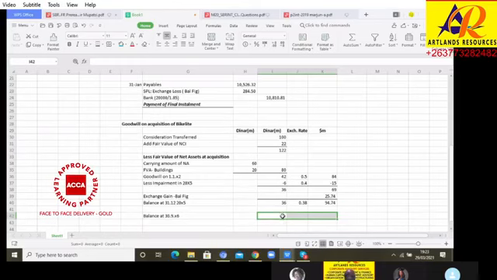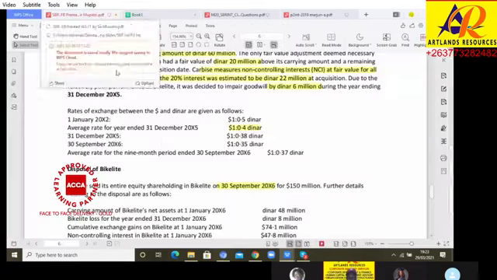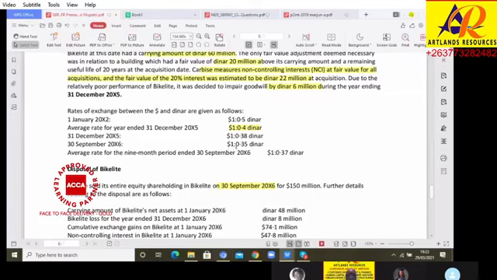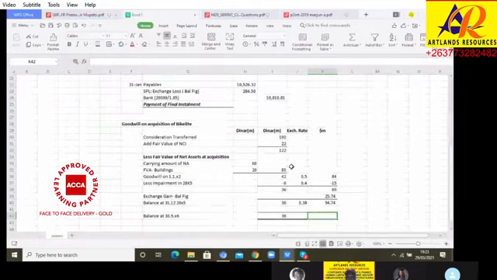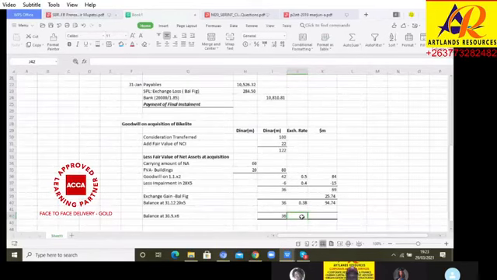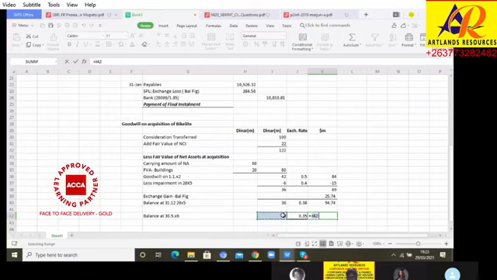It's still in D9, but I now have to find the exchange rate on that date. 30 September x6 was 0.35, so I put exchange rate of 0.35 here, and then I say equals 36 over 0.35.